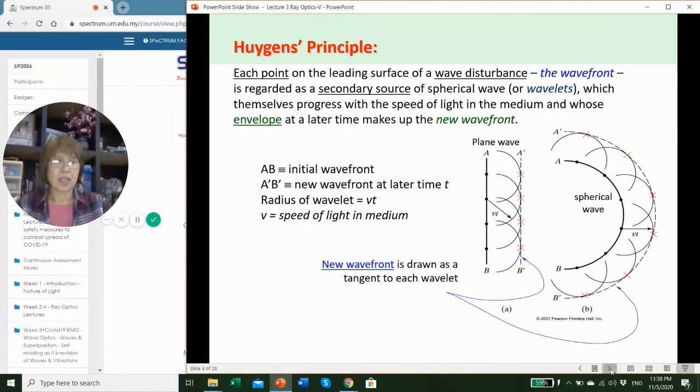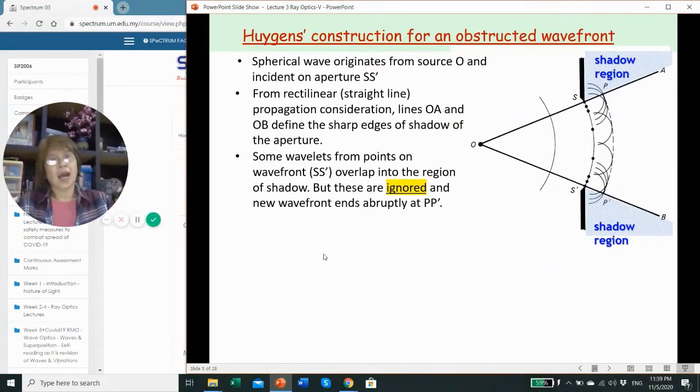Okay, so how is it used to explain what happens if the wavefront is obstructed by some object? For example, in this case, these wavefronts are traveling through an aperture. This spherical wave originates from source S, and then it comes to this aperture as S prime.